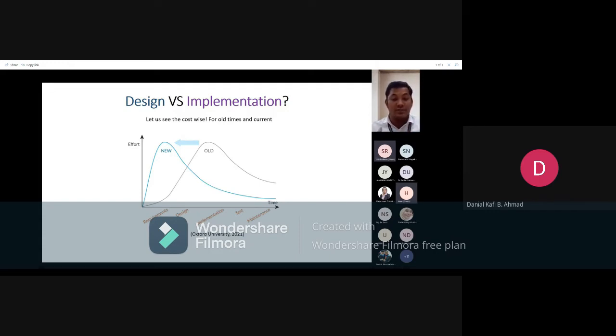But when we use Agile, we have a tendency to not focus on design, but rather on implementation. So we are trying to reduce the gap. I guess that's the new, what do we call it, propaganda, that we use Agile, but we want to focus on the design, right?